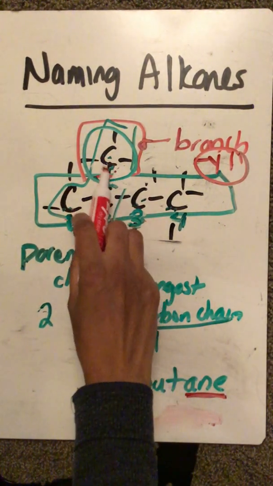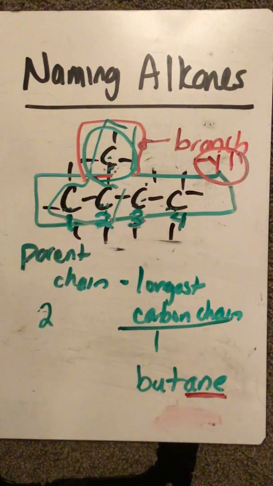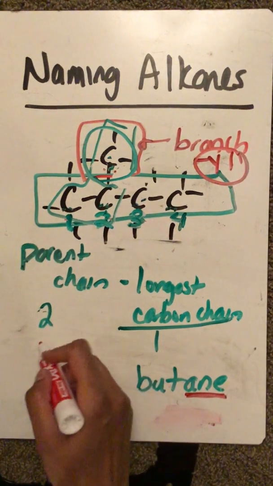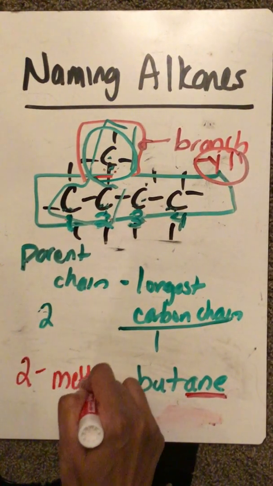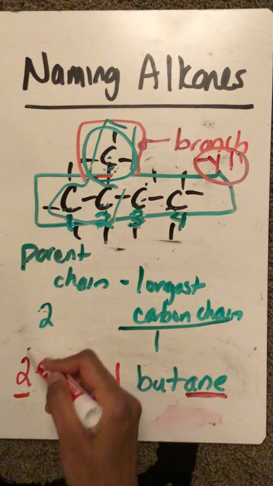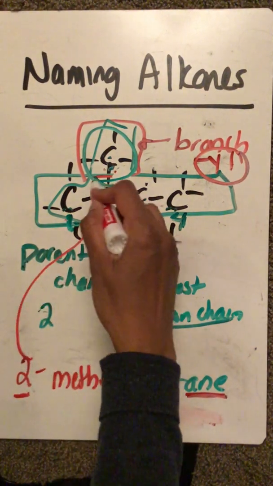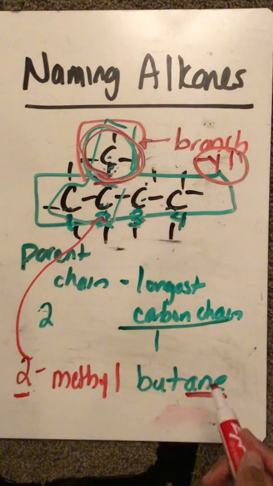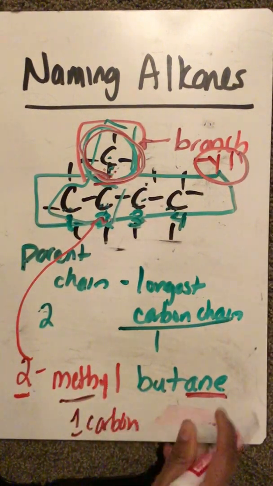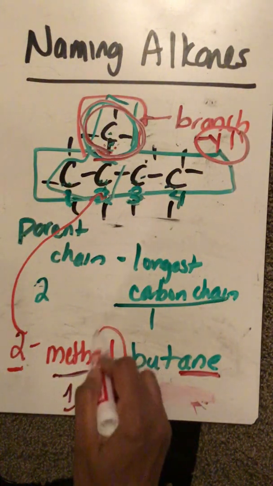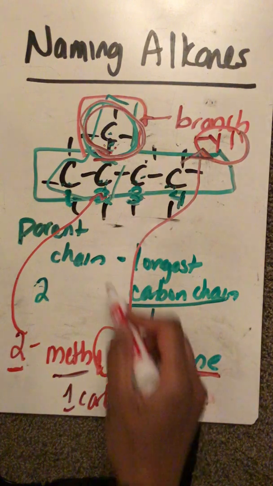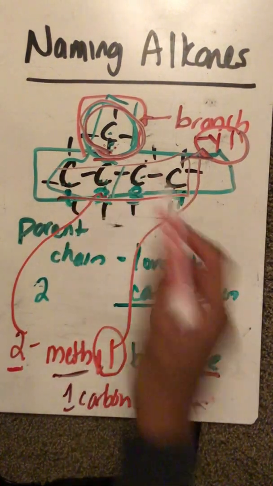Well, because we're only dealing with 1 carbon, and the prefix for 1 is meth, I call this 2-methylbutane. Okay, why 2? Because 2 is where the methyl is branching off. Why meth? Because I'm dealing with only 1 carbon. Why yl? Because the yl indicates that's the name of the branch. And then the parent chain is this butane.